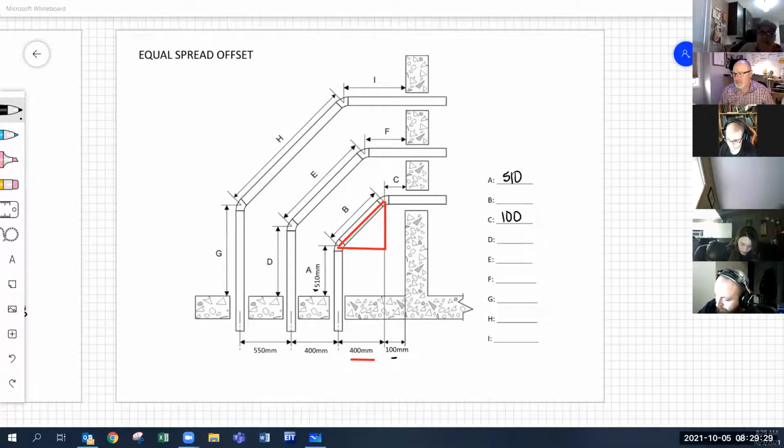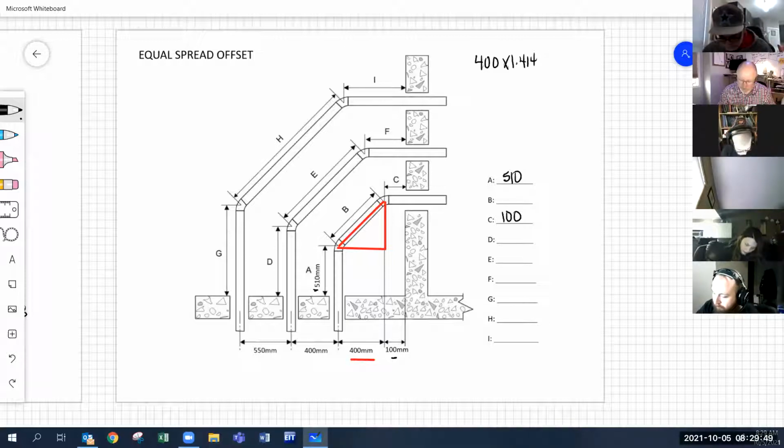So that is a run on this triangle. So I want to get the travel. So that's going to be 400 times 1.414 for B. And B comes out to 565.6.